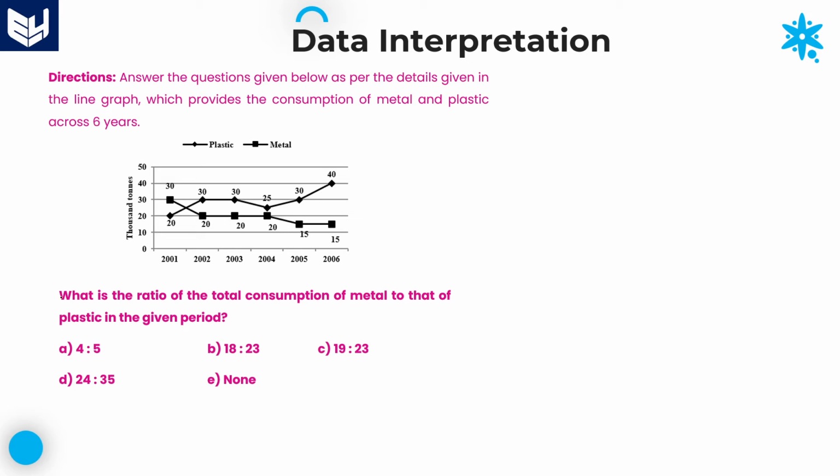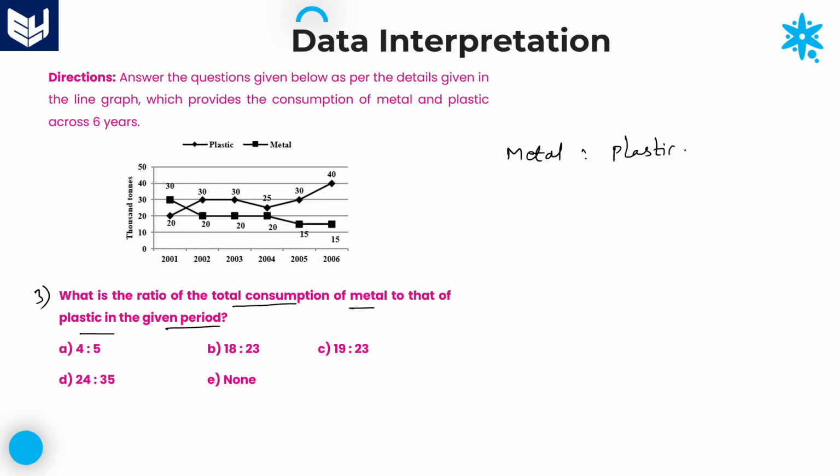Let us look at the third question. Here the third question is: what is the ratio of total consumption of metal to that of plastic in the given time period? Here we need to calculate the ratio of consumption of metal and plastic.